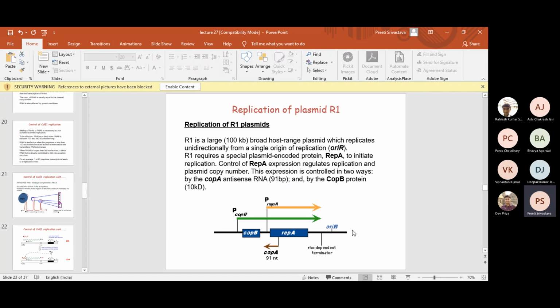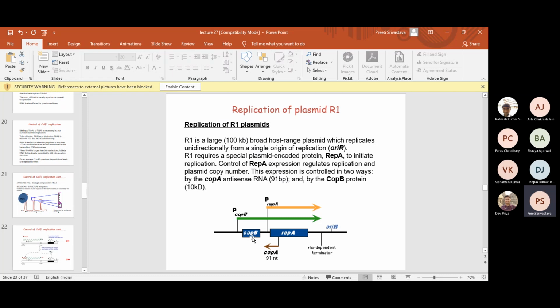But the COP-B protein, which is transcribed by the P-COP-B promoter, can bind to the promoter of rep A. The reason I am explaining this mechanism now is because immediately after this I will be explaining in detail the transcription and promoters. That is why I thought today I can take this liberty, because transcription is the next step.